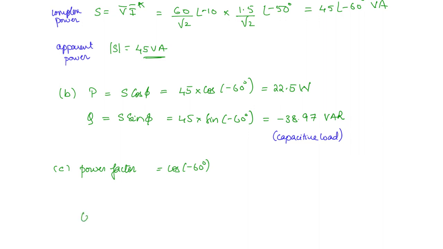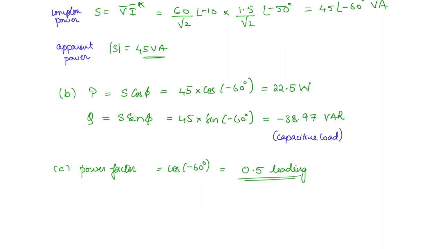Since cos of θ or cos of −θ both give cos θ only, it is important to mention whether it is a leading load or a lagging load. Since the reactive power is negative, you get 0.5 leading. This is the correct way of representing the power factor.